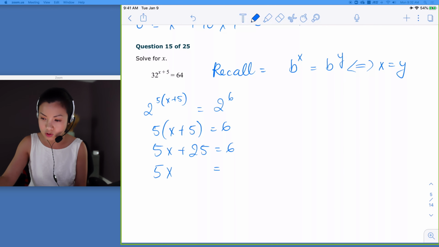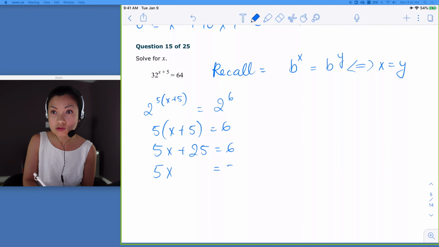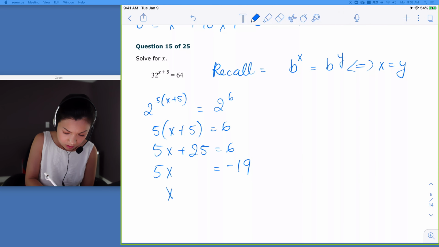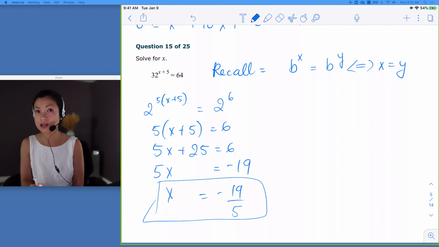And sometimes you're going to run into a quadratic. It's still okay because when it comes to a quadratic, you can use the quadratic formula or factoring. So what I have is negative 19 over 5. Okay, we have no problems with negative exponents.